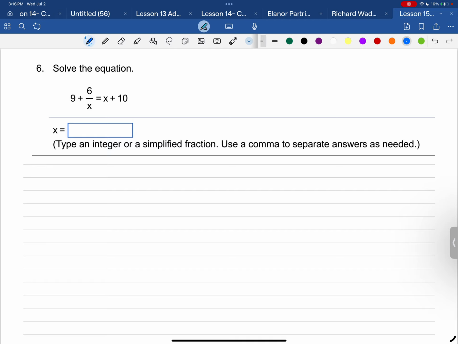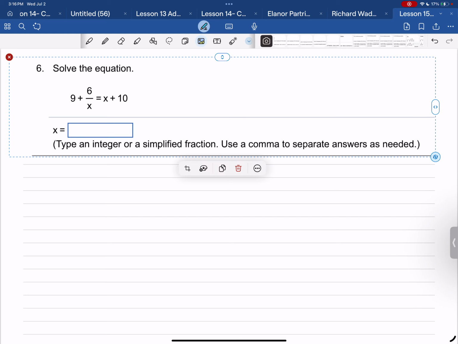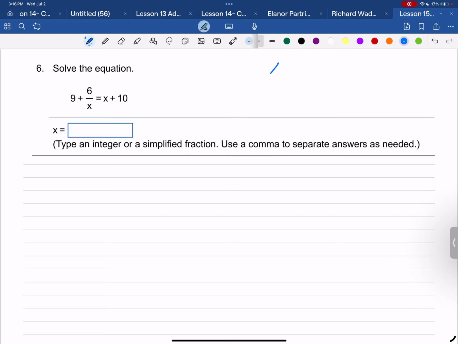Example 6. Solve the equation 9 plus 6 over x equals x plus 10. So here's another equation where we know that our denominator cannot be 0 because here we have an x in the denominator and you're not allowed to have a 0 in the denominator. So I'm going to find my LCD. We'll only have one denominator. That means my least common denominator is going to be x.